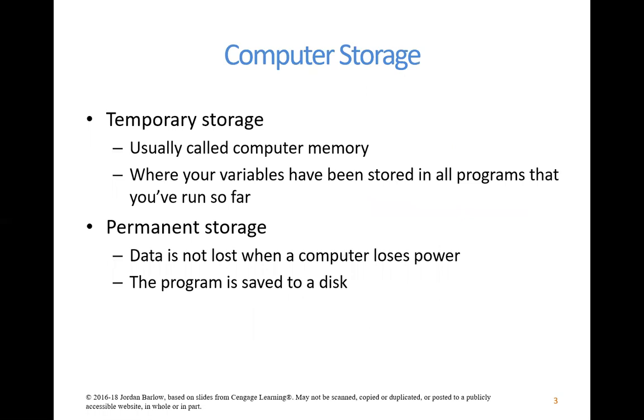So terminology: all of the data that we've stored in our application so far has been erased when we close our application. All of that data is in temporary storage, or what we call computer memory. And that's where your variables have been stored, like when you store something in an array.